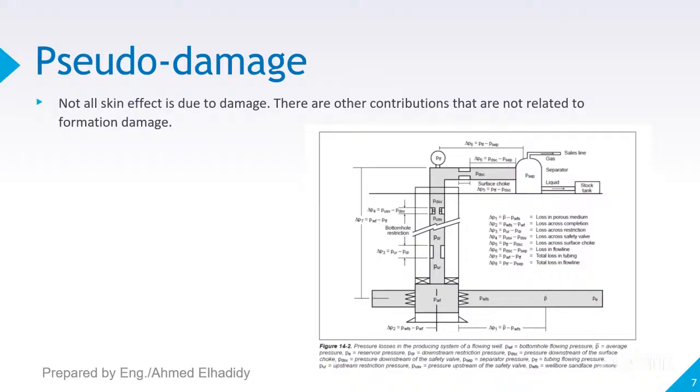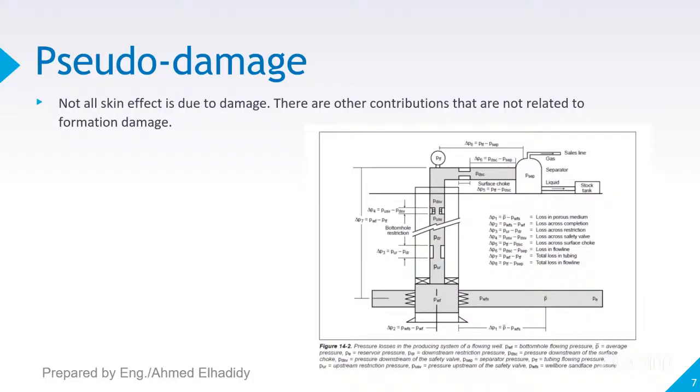It's not an actual damage due to the reservoir. It's a damage related to a mechanical issue. It could be a restriction in your well completion, a bad design in your surface equipment or completion, a collapse in your tubing, a bad design in your perforation, or a bad drilling section inside your reservoir.